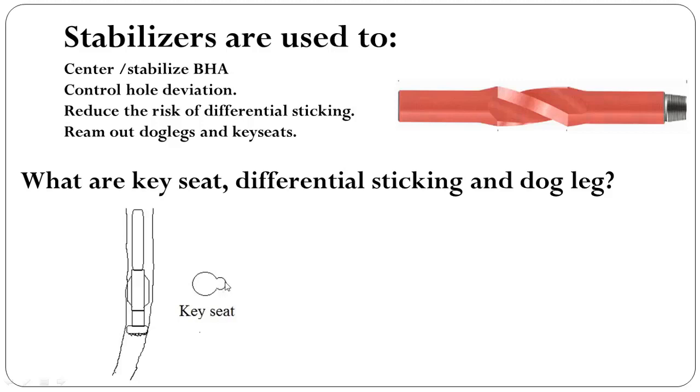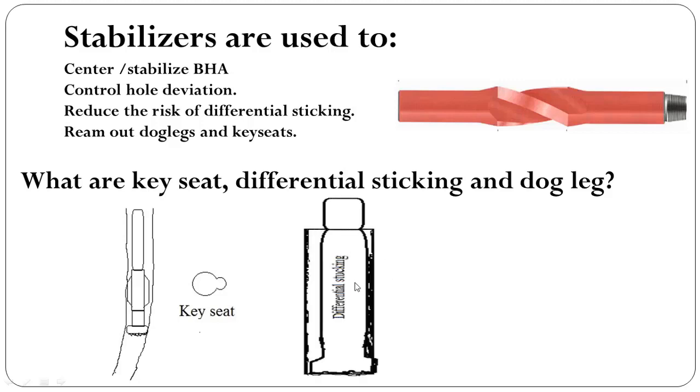Differential sticking: as the name indicates, this differential is in terms of pressure, because when we drill a well bore, normally we drill overbalanced. Let's say the formation pressure is 5000 psi at this depth, and we will be drilling the well with 5200 psi hydrostatic column of the mud inside the well bore.